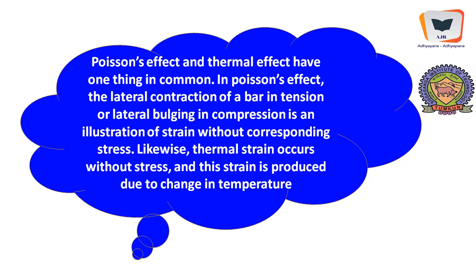And we have understood the corresponding strains, where stress was the cause and strain was the effect. And in thermal stresses, the prevented strain becomes a cause for the development of the thermal stress.